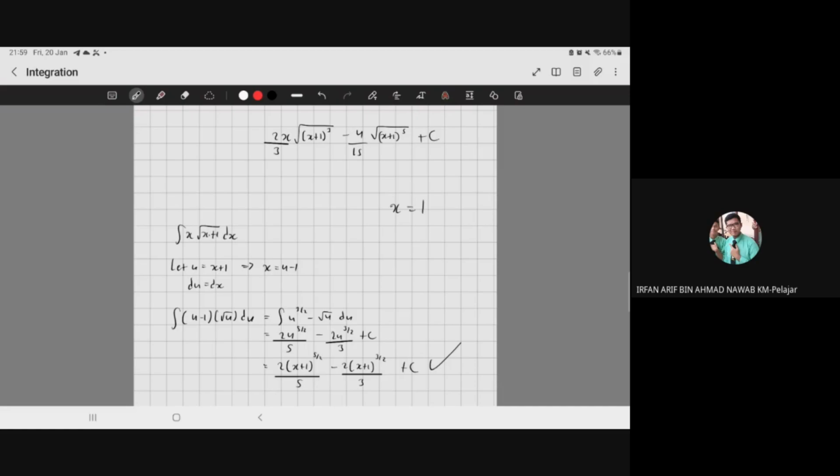Okay, so here's our first answer. And then 2, 1 plus 1 to the power of 5/2 divided by 5 minus 2, 1 plus 1 to the power of 3/2 divided by 3. Kan ni differ by a constant.